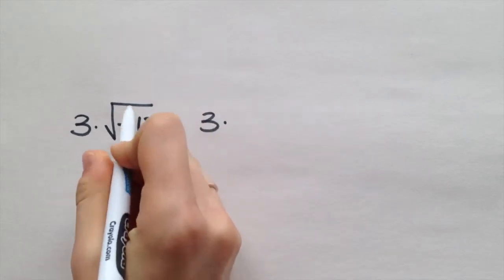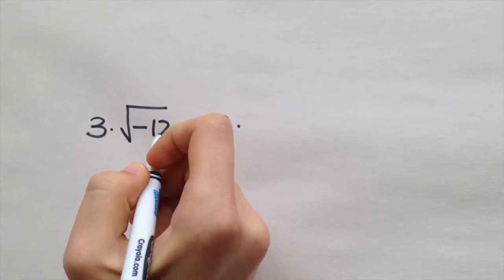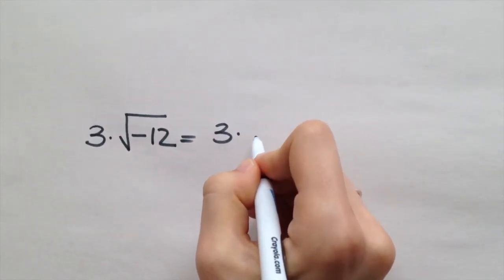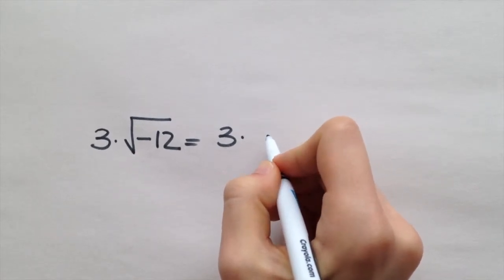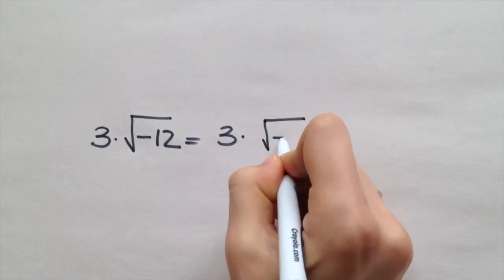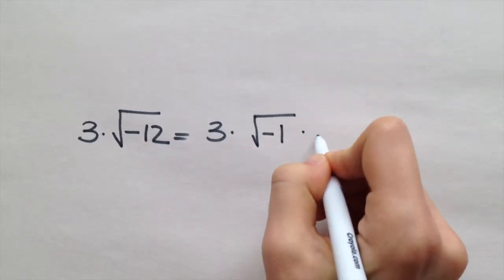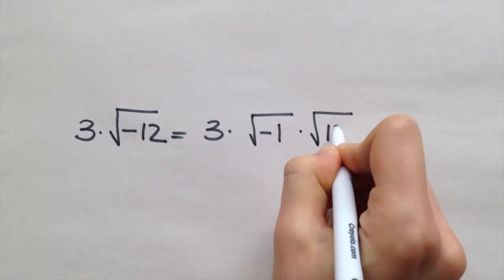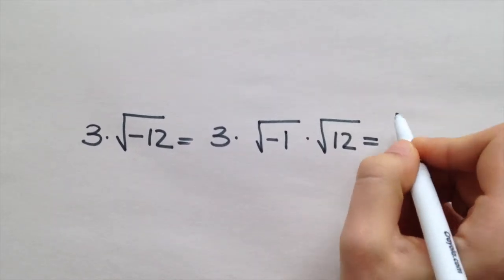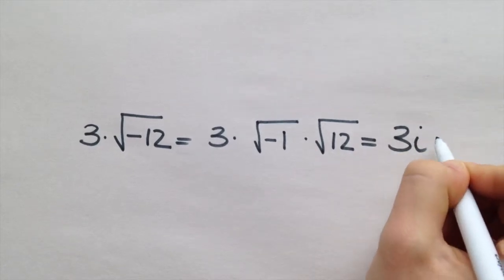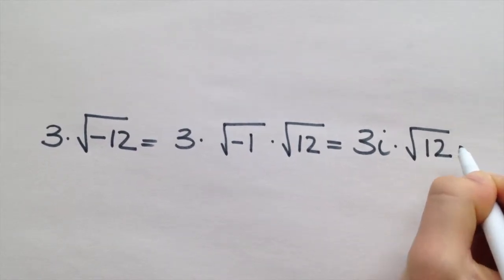Okay, so we'll do the same process as we did with the problem I showed you before with the -16, and we'll be simplifying this one, the -12, and we'll take out the imaginary part, which is -1, and multiplying it times 12, which is equal to 3i times square root of 12.